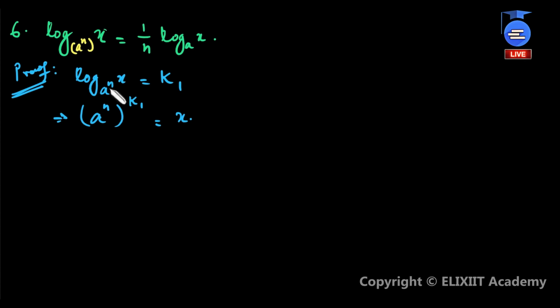Log x base a to the power n is equal to k1, that means a to the power n whole to the power k1 is equal to x. Converting a log to anti-log. Now from here, what do we do? Take log on both sides.